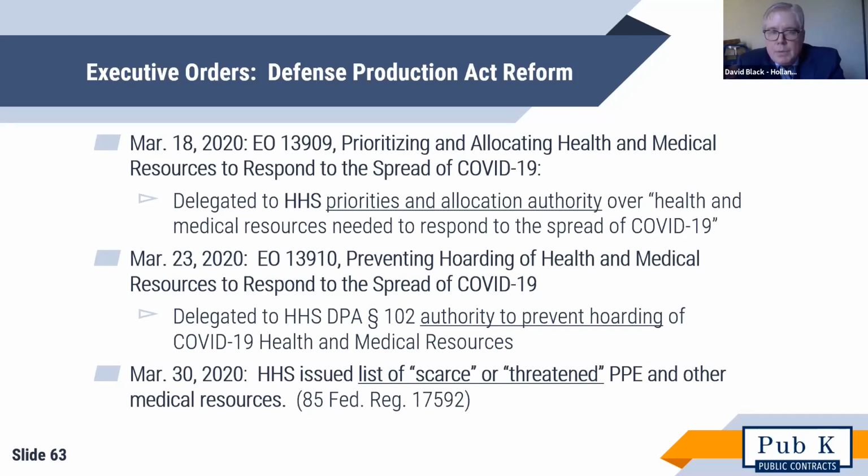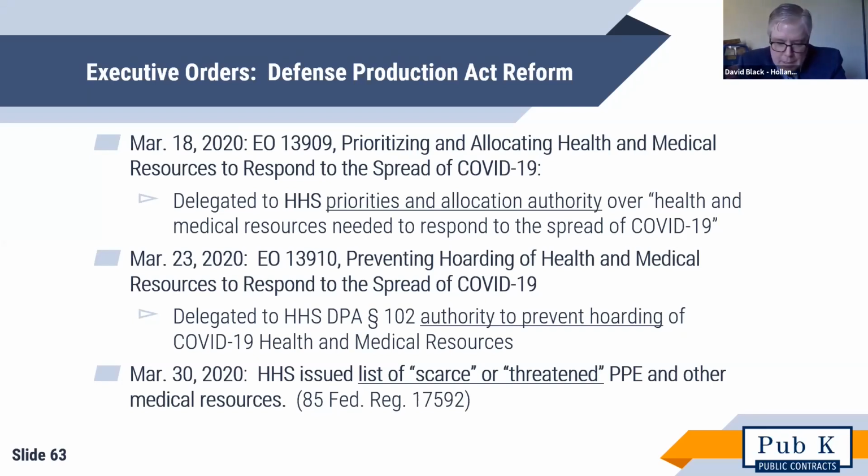Now, they already had that authority regarding health resources, but I think the president wanted to just clarify health and medical resources, COVID-19, you all have it, go use it.